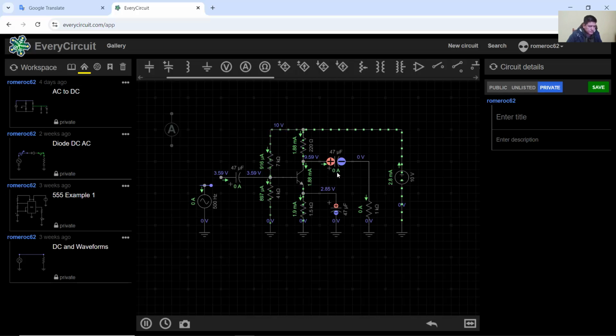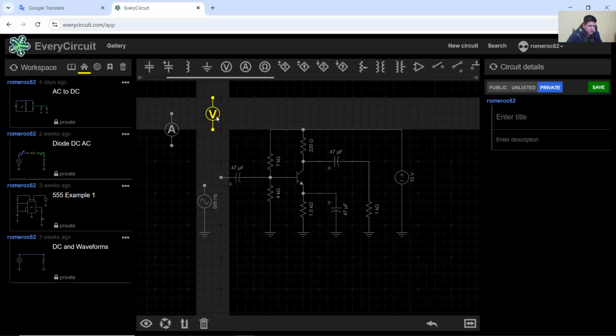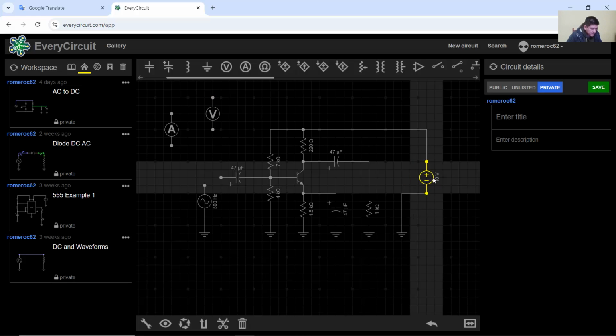Okay, pause, rewind. Also add a voltmeter. Okay, so make some space.